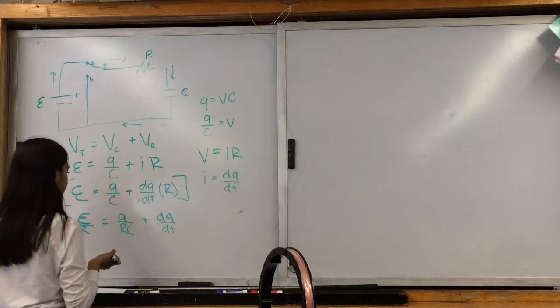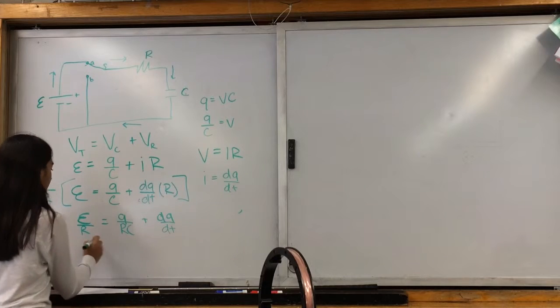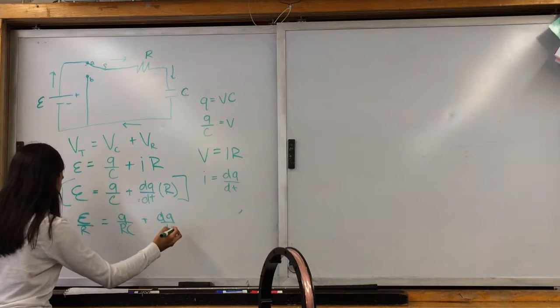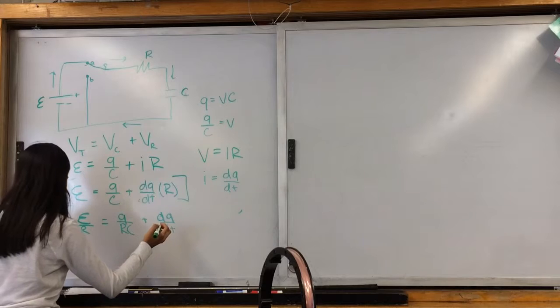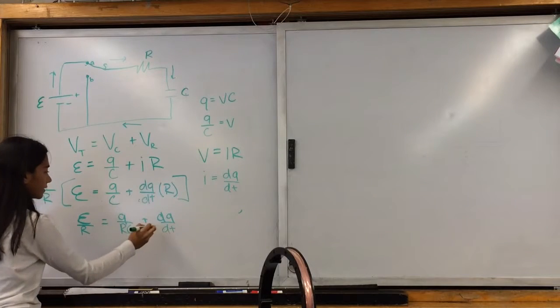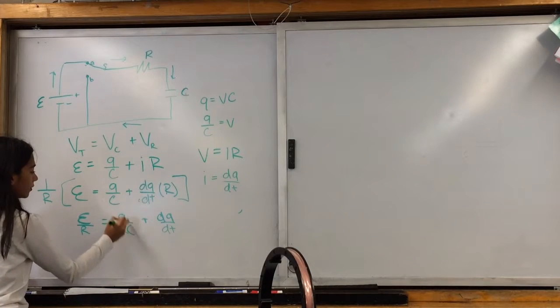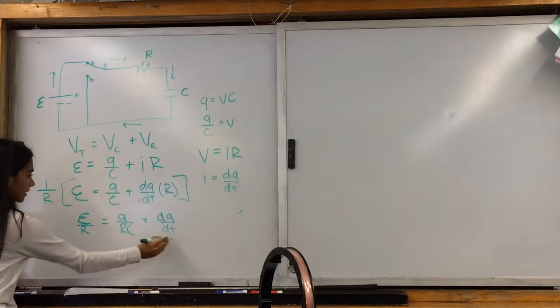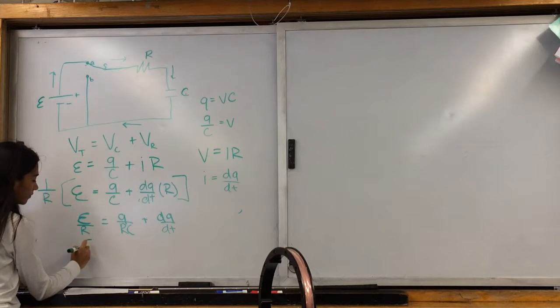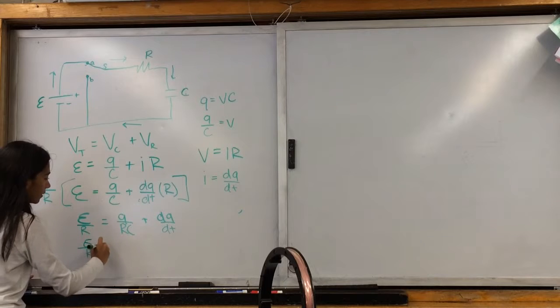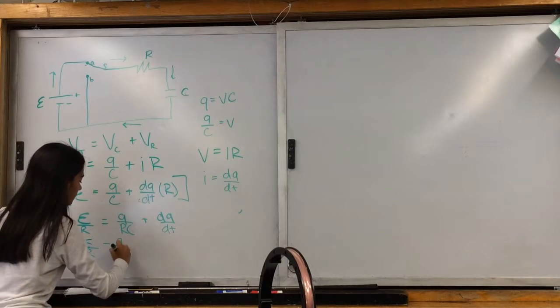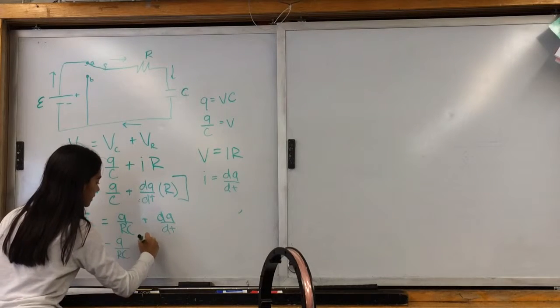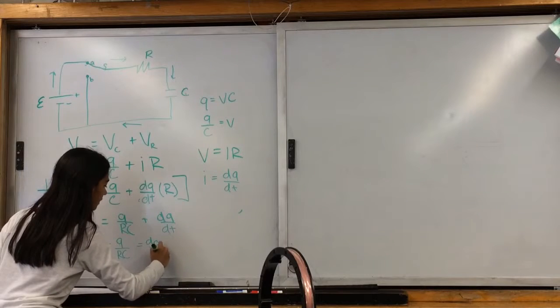And then from there, we can simplify this by moving Q over RC to the other side to make dq over dt alone. So you have E over R minus Q over RC equals dq over dt.